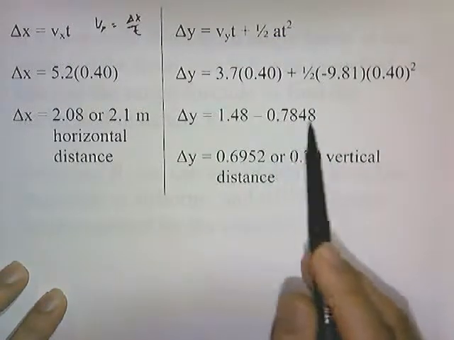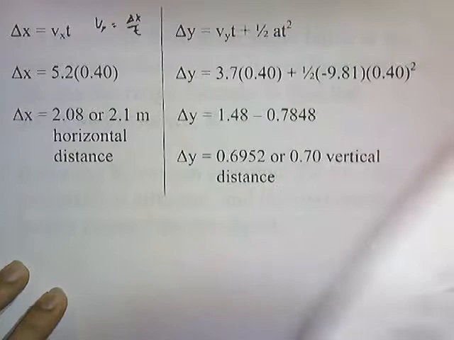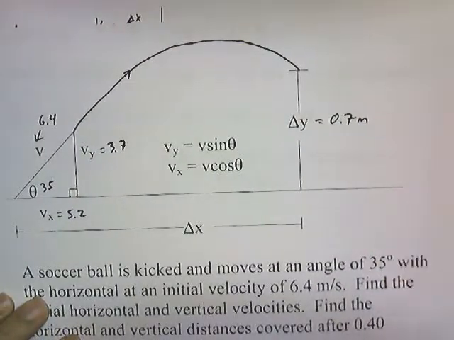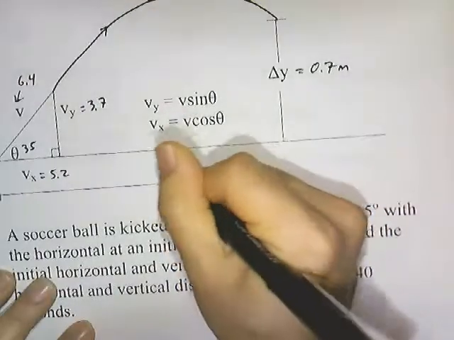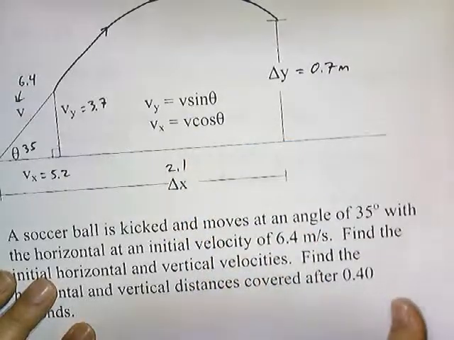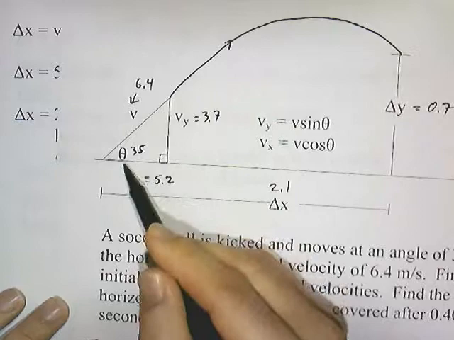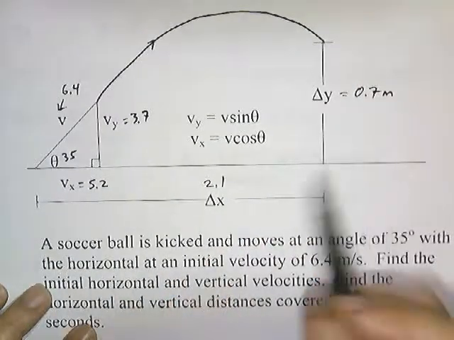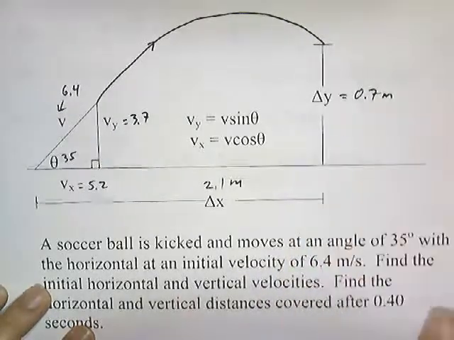So if you solve for all this, the vertical change is 0.7, and then the horizontal change is about 2.1. So what all this means is that if it's launched at an initial speed of 6.4 at this angle, after 0.4 seconds it will have covered 2.1 meters horizontally and 0.7 meters vertically.